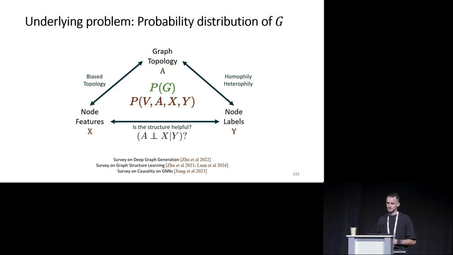And I think that for this kind of problem, measuring the probability distribution of the graph could be a good potential line to understand it. I'm very interested in this problem, and you can understand the independence between these random variables and ask questions like whether the structure is helpful or not. And this has already been looked into in deep graph generation, graph structure learning, and some works on causality and GNNs.